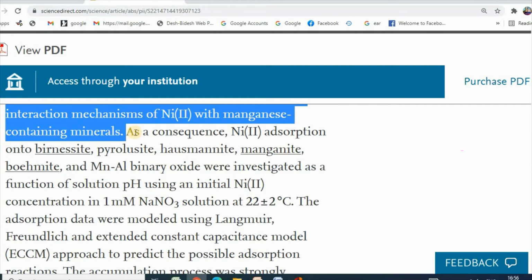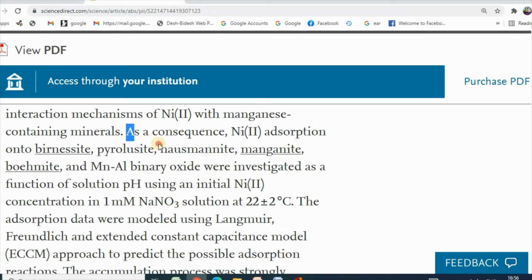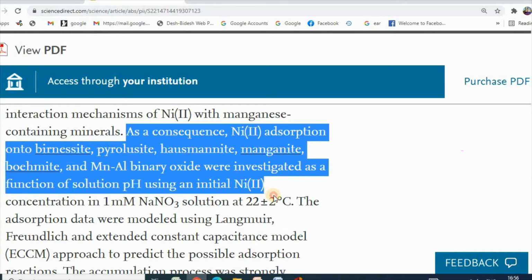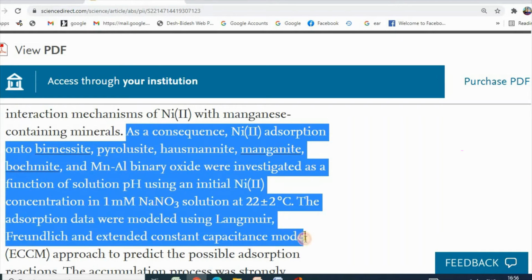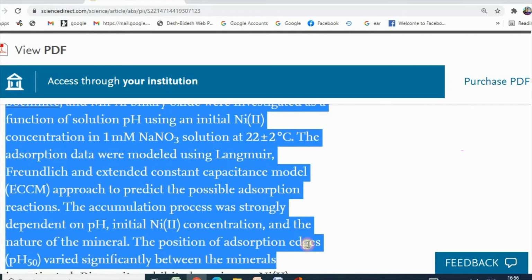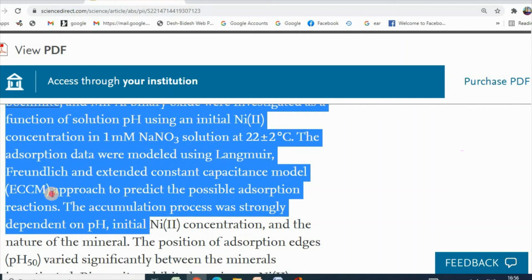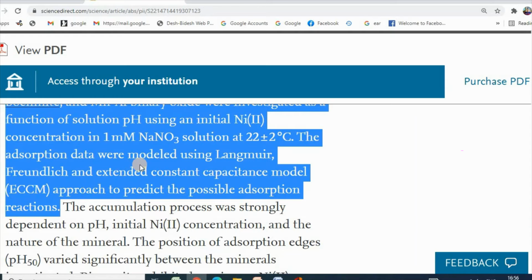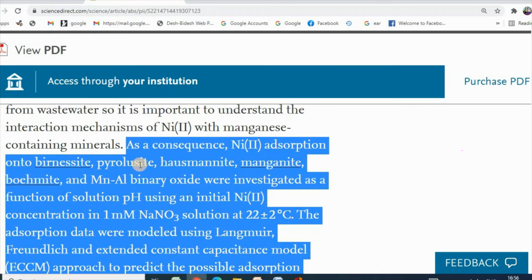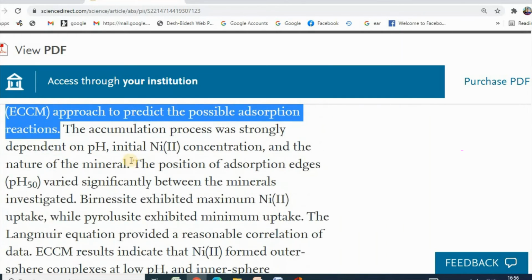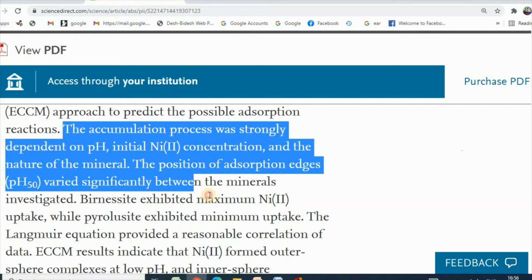Then, what has been done in this study? The highlighted portion is what has been done in this study, that is the research methodology. Third is what has been found in your study.